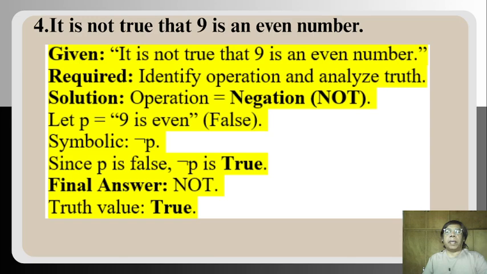Let P be 9 is even, and that is false. Symbolically, not P. Since P is false, not P is true. So the final answer: the operation is not, and the truth value is true.